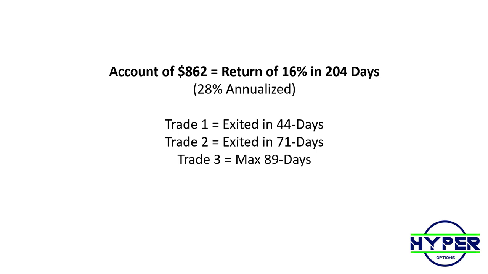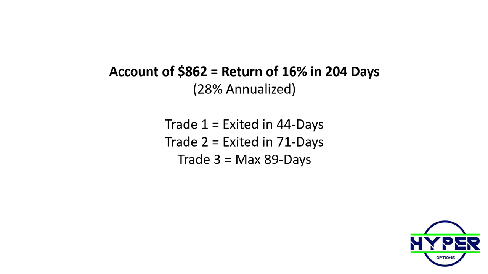I'll be able to use that capital either to get into this stock or another stock. But that comes out to 28% annualized return. And it's a 28% annualized return on trades that carry a 90% probability of success or better.